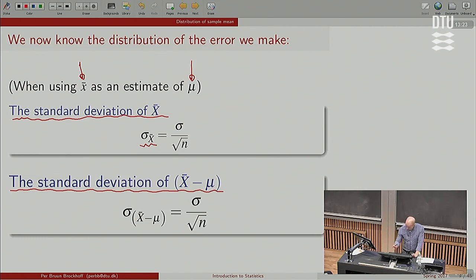Why do I look at this? I look at this because you could also call this the random error I'm making, right? Please, if it's not clear to you, for some it's probably clear right away, for others maybe you have to get used to this. The difference between the computed average and the truth, that's the error I make.